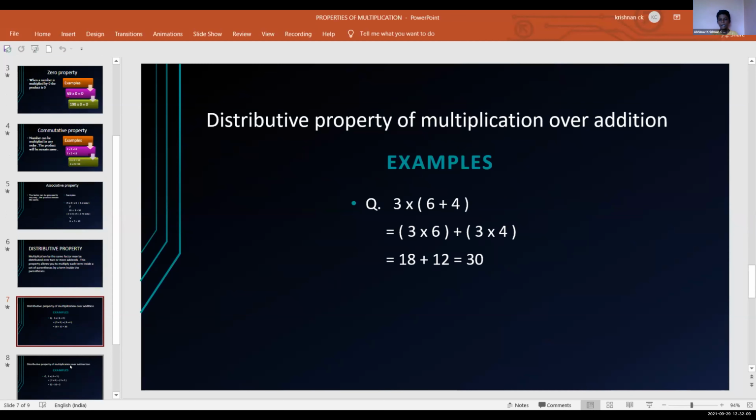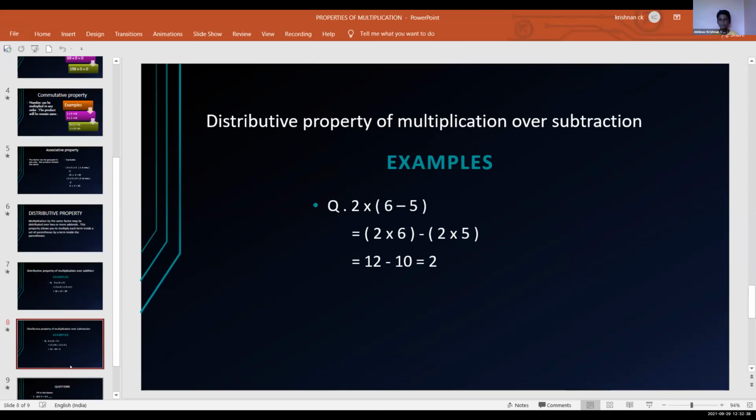Example: first we multiply 3 with each number in the bracket, which is 3 into 6 plus 3 into 4. 3 into 6 gives us 18, and 3 into 4 gives us 12. Then add 18 plus 12, which gives us 30.